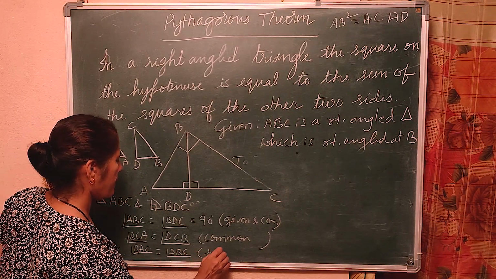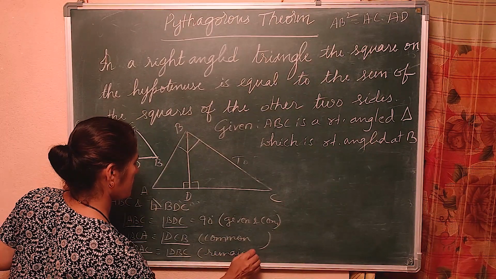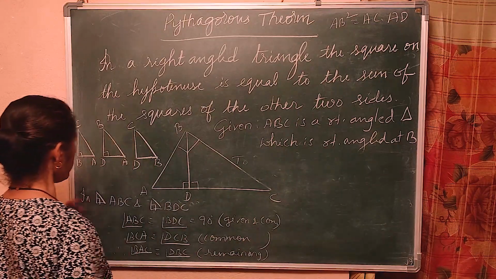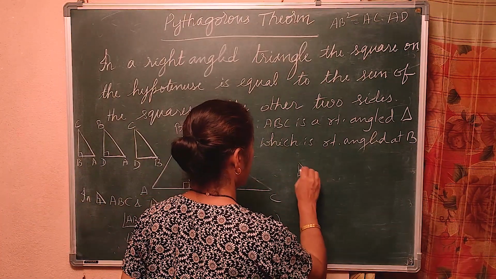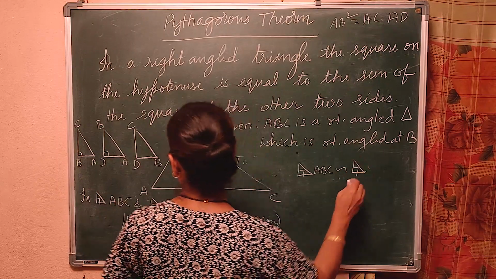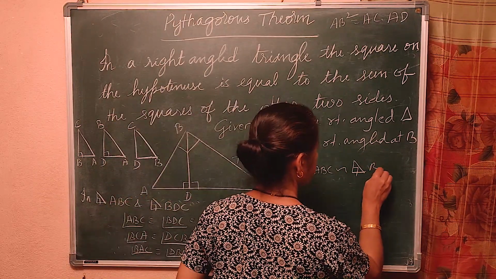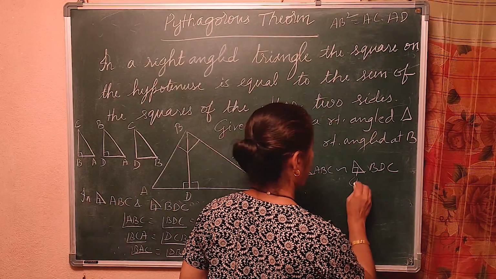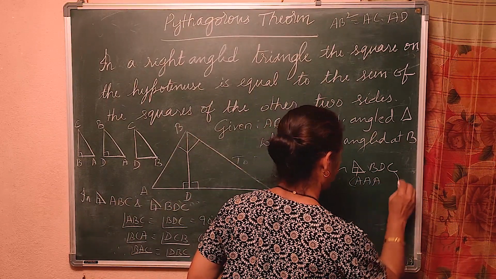Remaining angle. Therefore, right angle triangle ABC is similar to right angle triangle BDC. Therefore, by AAA similarity criteria.